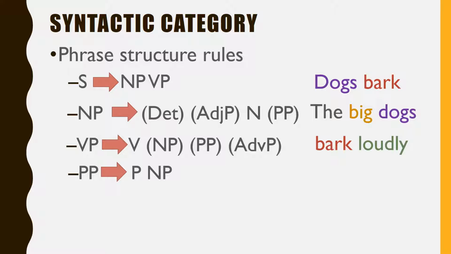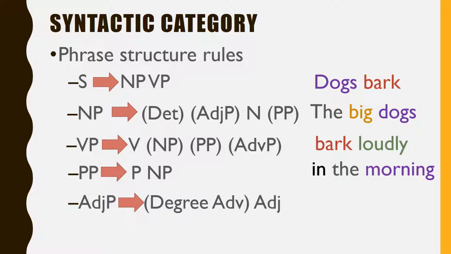Then my prepositional phrase is made up of a preposition and a noun phrase. In this case, I have my preposition, which is in, and my noun phrase, the determiner the, and morning, my noun. Then an adjective phrase is made up of a degree adverb and an adjective. The adjective is the principal one. The degree adverb is an option.